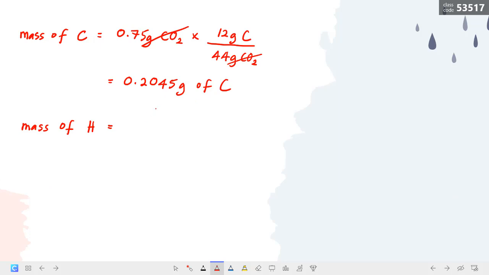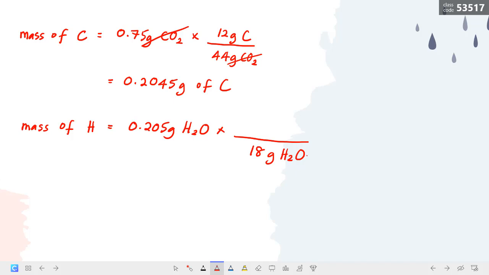So the mass of water given in the question is 0.205 gram water. And the mass of 1 mole water is 18 gram. Berat 1 mol air adalah 18 gram. Mana datang? Kiralah molar mass dia. Hidrogen 1 kali 2. Oksigen 16. 16 campur 2, 18.